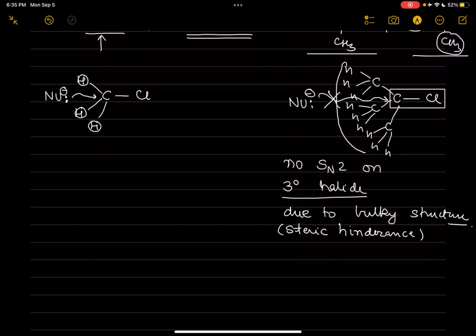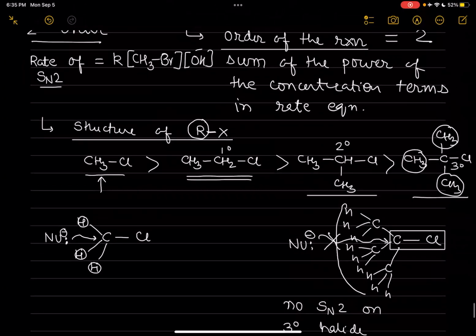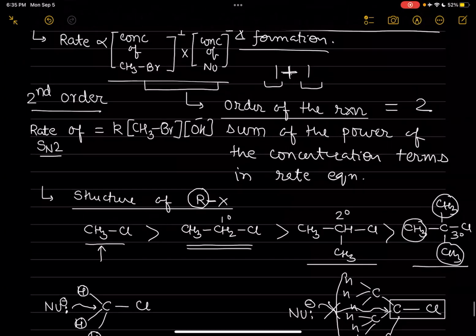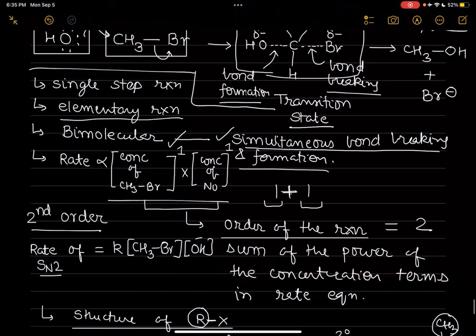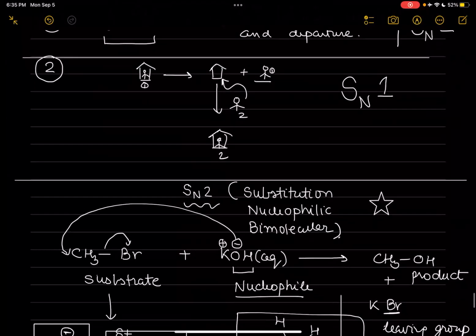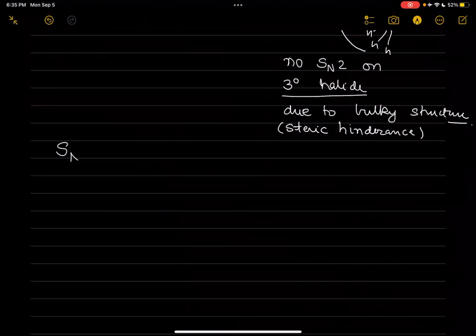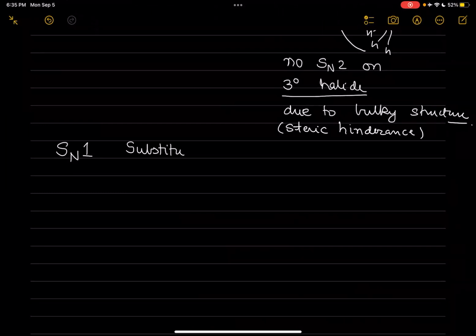So how does the reaction happen on a tertiary substrate? That is by another mechanism, called the SN1 mechanism. We will discuss SN1, how it happens. So what do you mean by SN1, Anushka? Tell me. Sir, monomolecular nucleophilic substitution. Yeah, exactly.